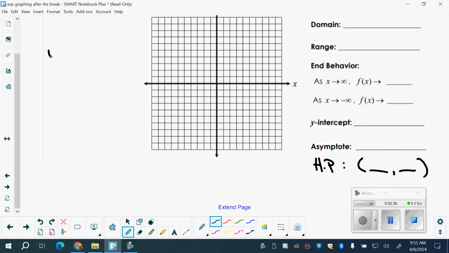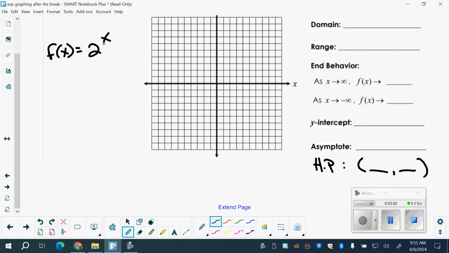It looks like this. F of x is 2 to the x. Sue's ready. You good? Okay.